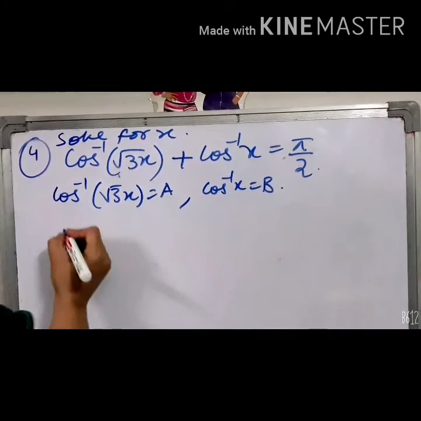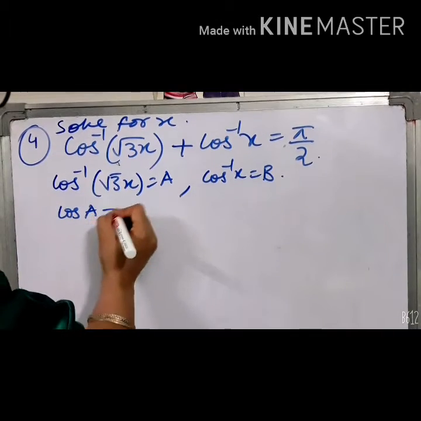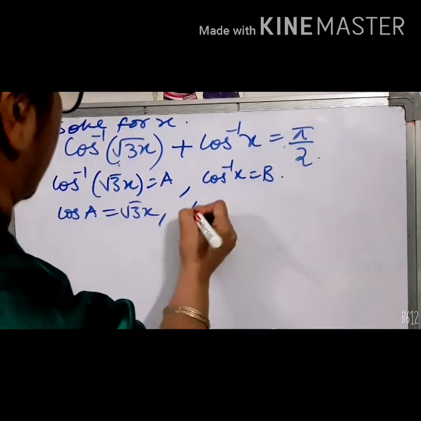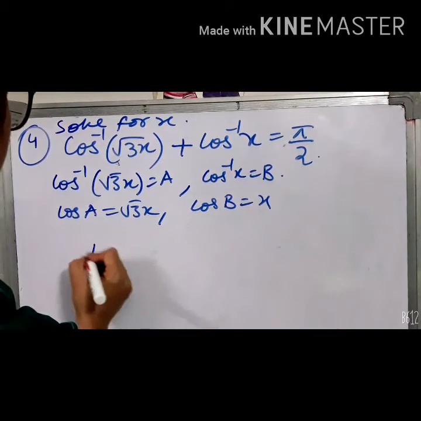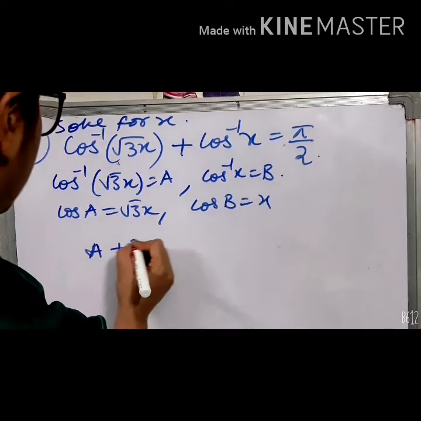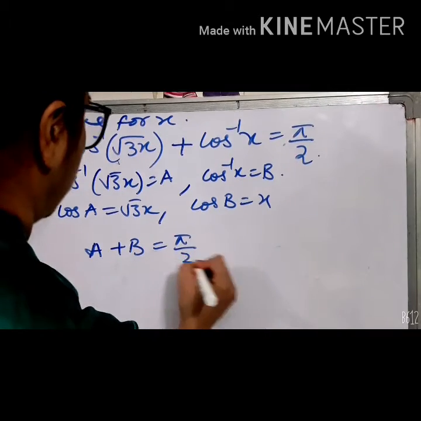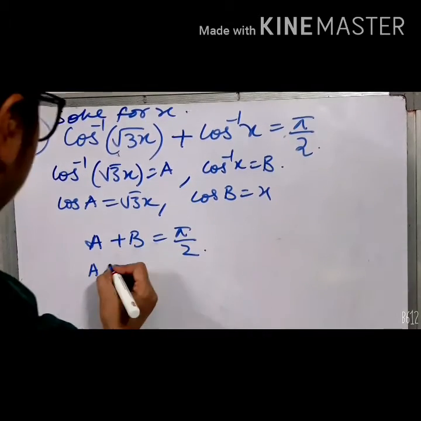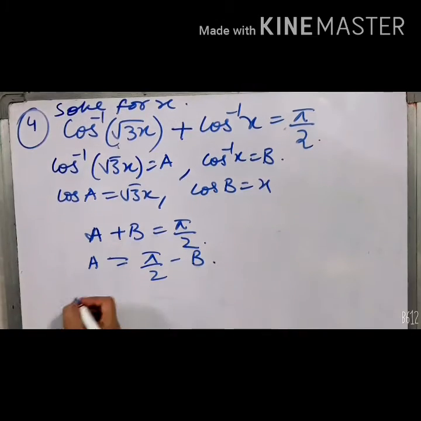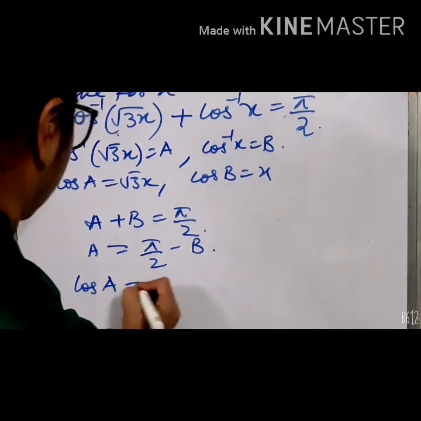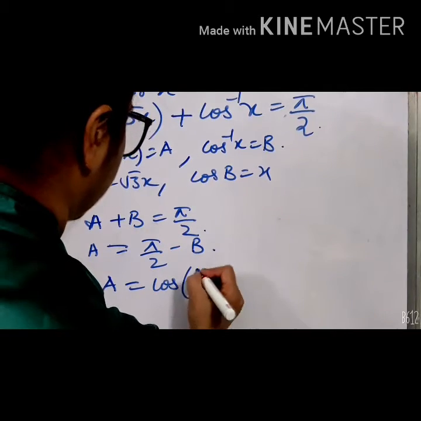So it becomes cos a is equal to root 3x and cos b is equal to x. For this you will get a plus b is equal to pi by 2. That means I am taking a is equal to pi by 2 minus b. I will multiply both sides by cos.